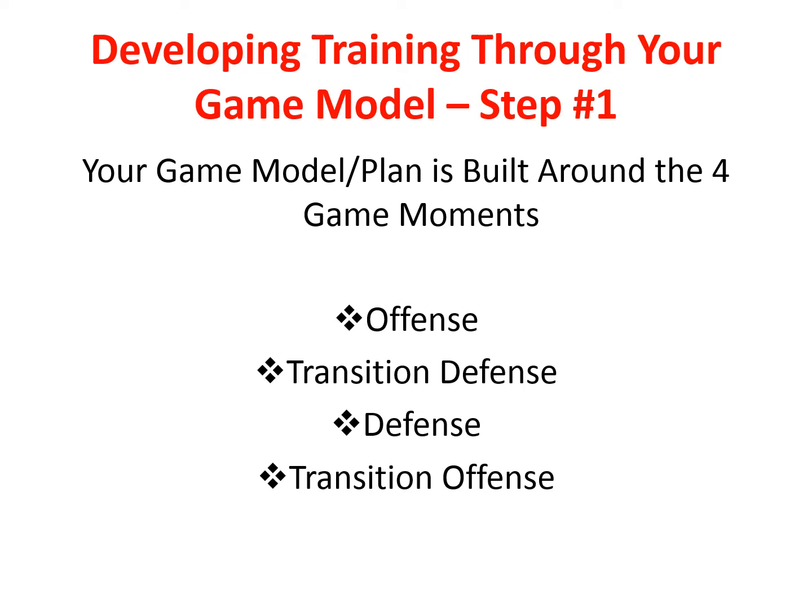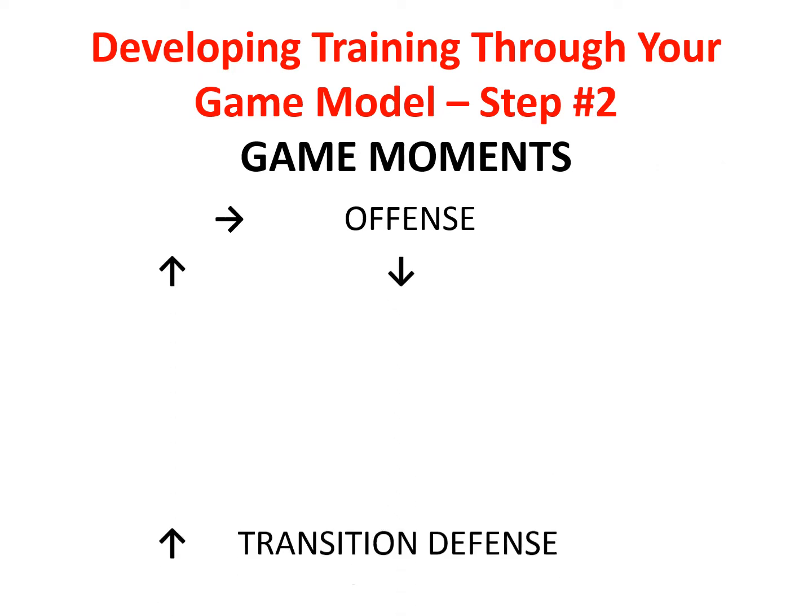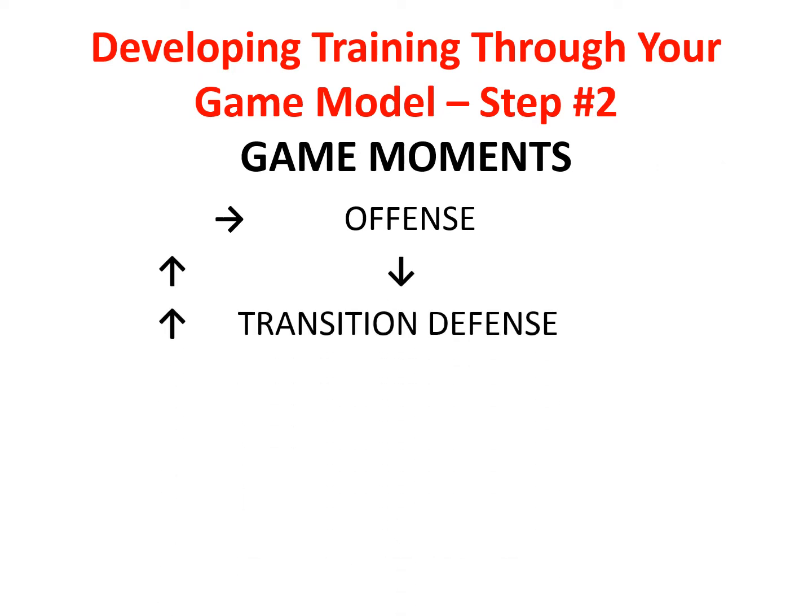Okay, at any time of the game, you are involved in one of these patches of play or moments of play. So offense usually rolls into transition defense, so you have the ball and you lose the ball, it's in dispute.